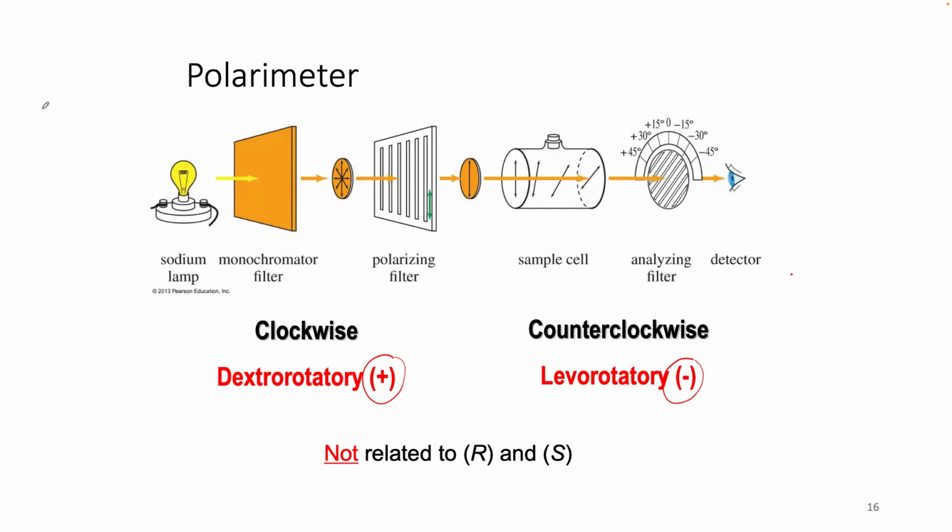So when you take a molecule, let's say one molecule, and it has an enantiomer or the mirror image, this could be R or S, and this could be plus or minus. So if this molecule is R, it could be negative, it could be positive as well.